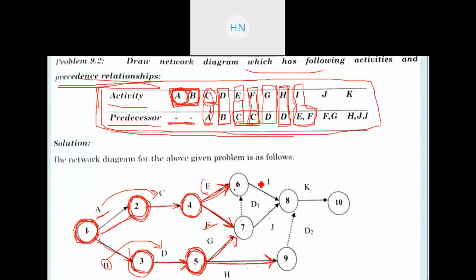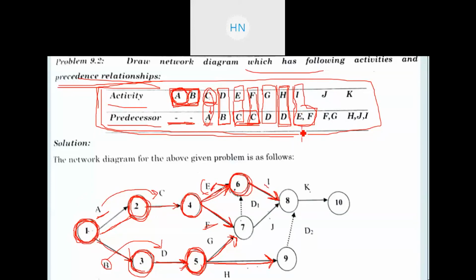So if we need to add activity I, here you can see this activity as I. This is added with the help of this sixth event. We are adding this sixth event after E, and we have added one more activity, that is I. So this fulfills that I can happen only if E is completed.